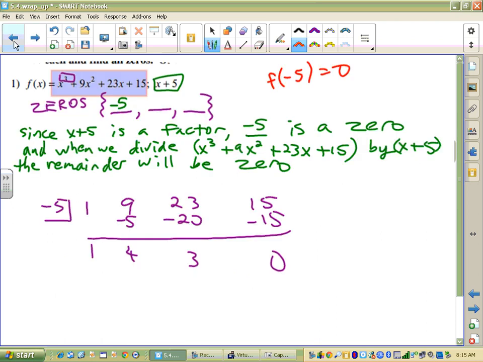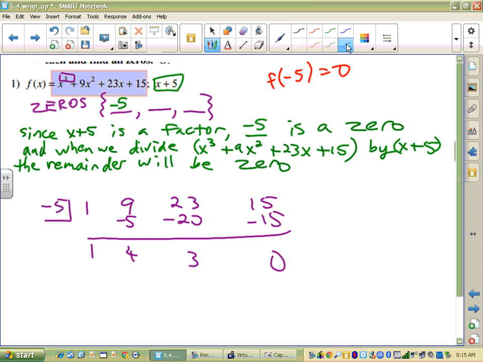Okay. So when we synthetically divided, what's our quotient then? Our quotient is, the quotient's not x plus 5. X plus 5 is, they told us it's a factor, which tells us the remainder is going to be 0. Tells us that -5 is a 0.